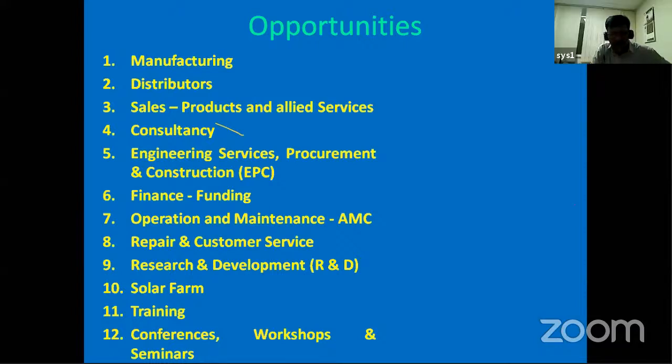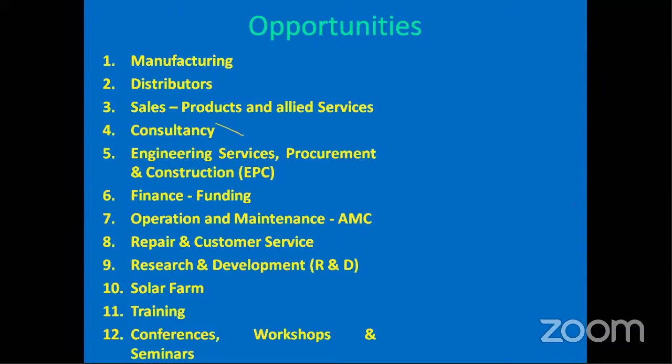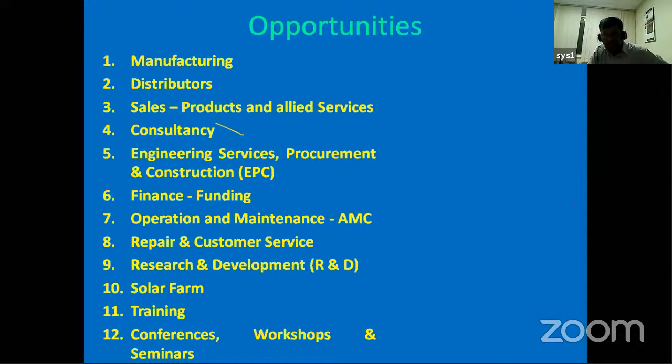Next, the 10th one. I told you already that India has more than 50%, around 60%, rural area, hill area and forest area. There we can take land on rent or lease basis, open space, and start solar farming. We call it a solar farm.